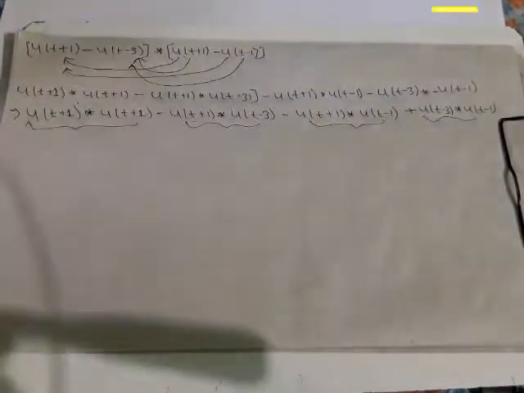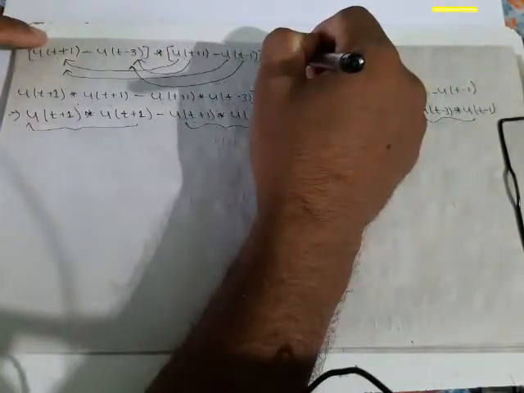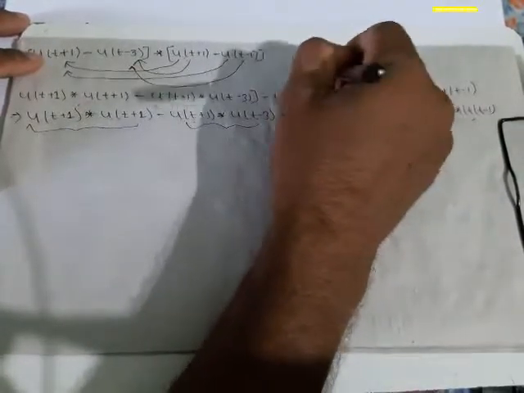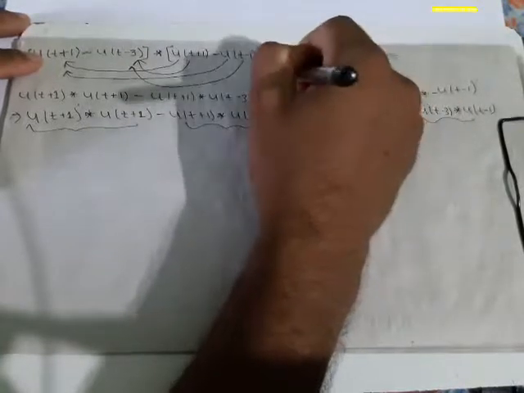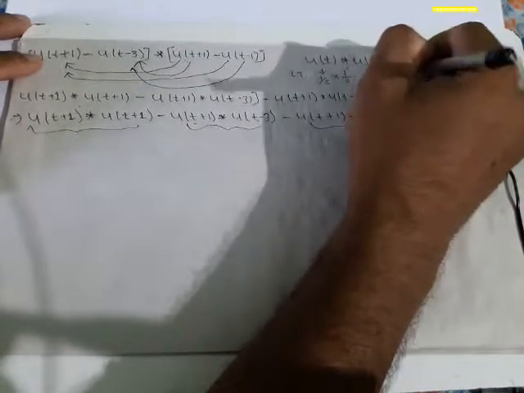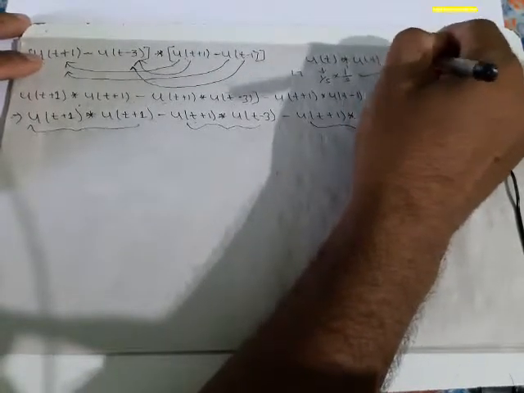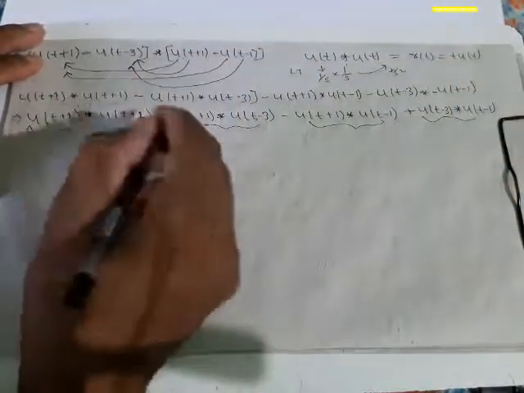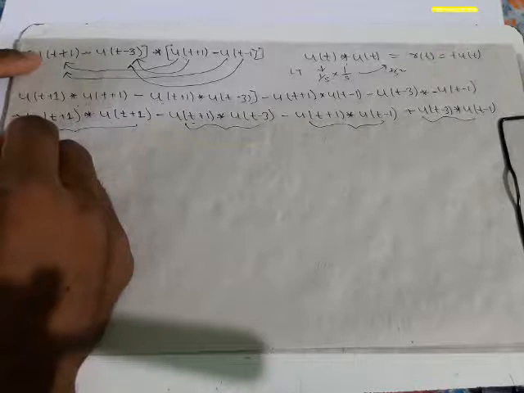Then the slope is minus 1 from r of t minus 2, and again at 0 there is a slope of minus 1. And again it is positive, m equals plus 1, at 4.